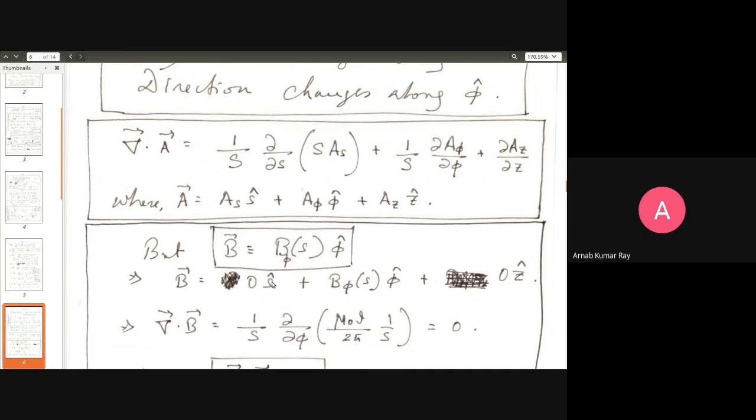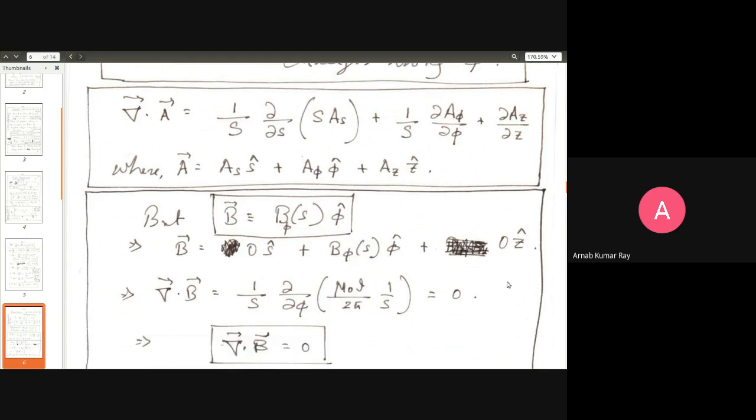So B is zero S cap plus the phi component that you have, and then zero Z cap. So that is how you should see it. Therefore, for the divergence, the S part will anyway be zero, and the Z part will also be zero. So you'll just be left with 1 upon S del del phi of A phi.